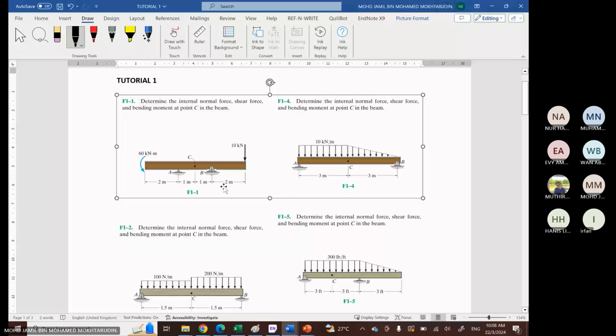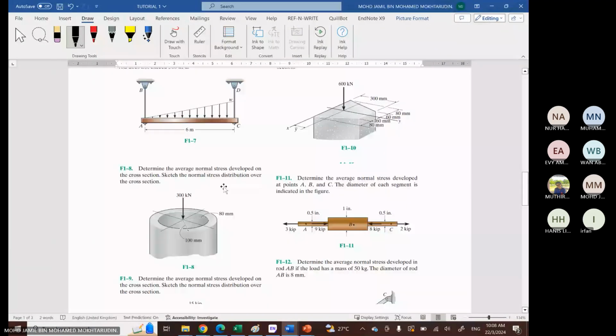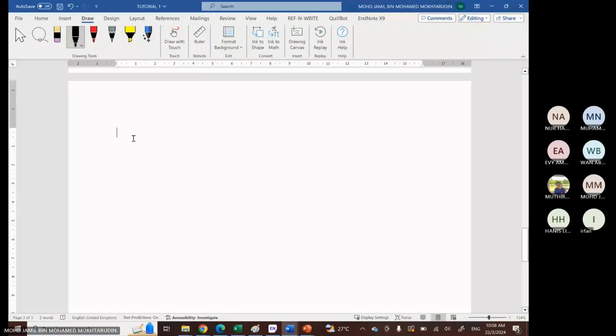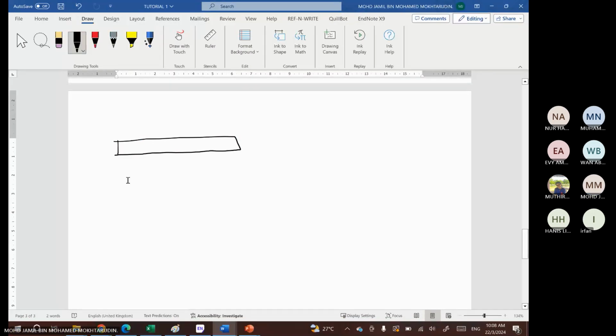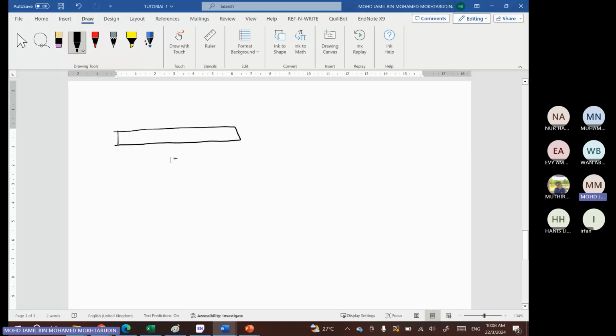All right. So we can draw the free body diagram. For the free body diagram, you need to remove all of the supports in the beam and replace them with the reaction forces.